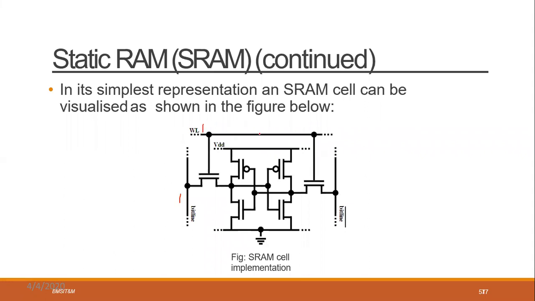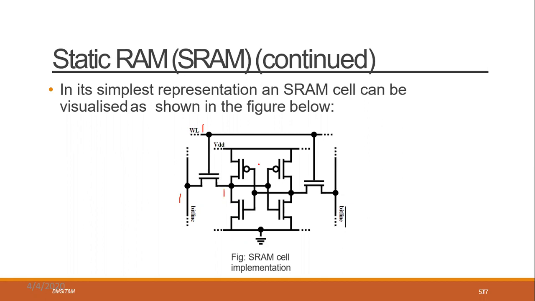When this word line is 1, both these transistors will be on, conducting, because the gate is supplied to this transistor as well as this transistor. So this 1 will be coming over here, or you can say it will be reflecting here as 1. Here I am doing the write to this memory location, the first operation.